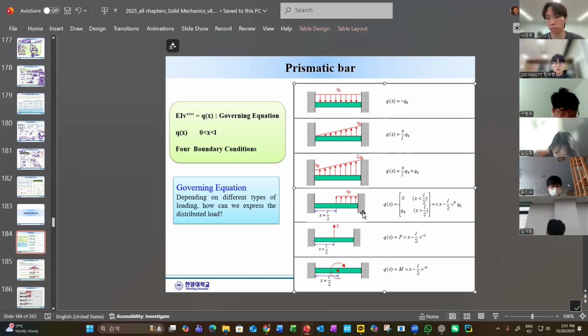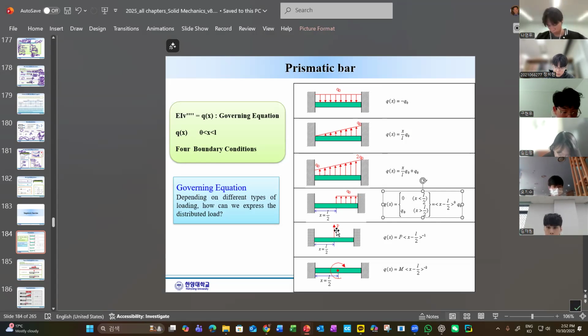Now, if the load is not uniform but can be applied like this with a non-continuous function like this, then Qx can be specified at different regions, 0 and Q0, something like that. Okay, this is the one.